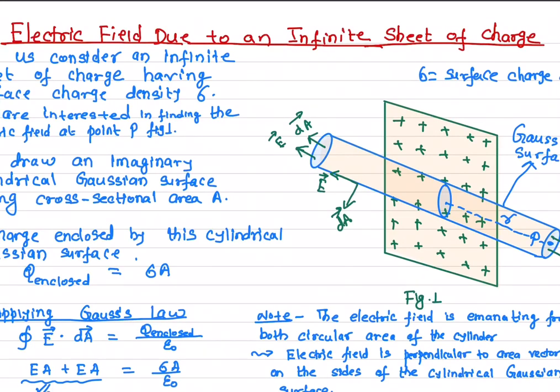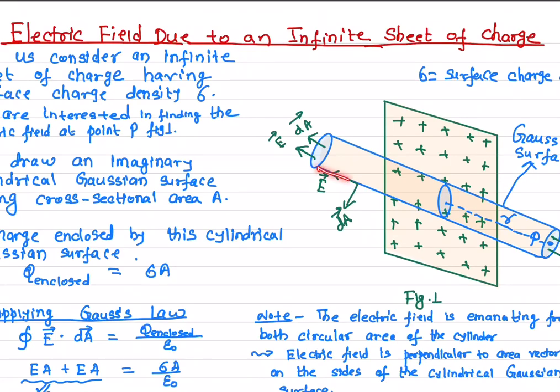Now take a look at the flux passing through this Gaussian surface. If you look at this cross-sectional area, the electric field is parallel to the area vector. The same thing happens here.